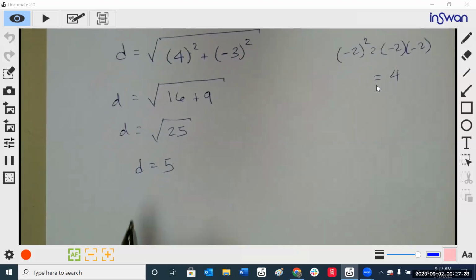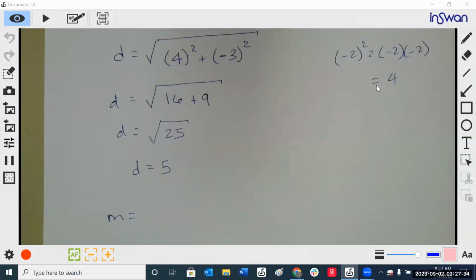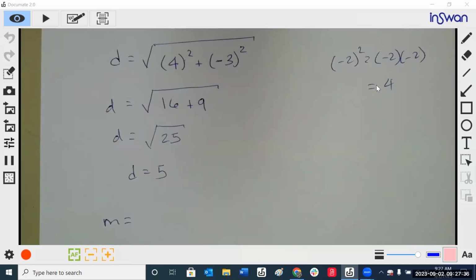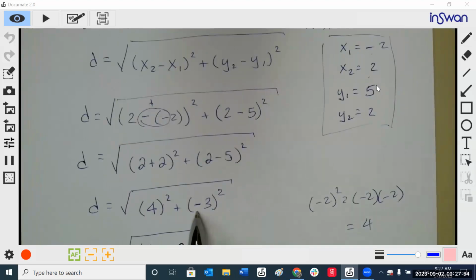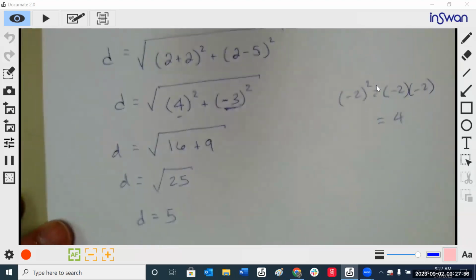What's the slope of this line? Almost. You're one line too far down. Remember, slope is y over x, rise over run. -3/4.